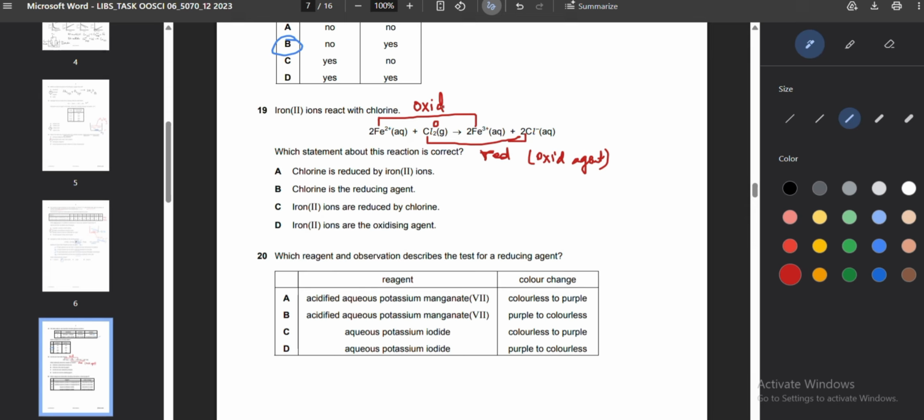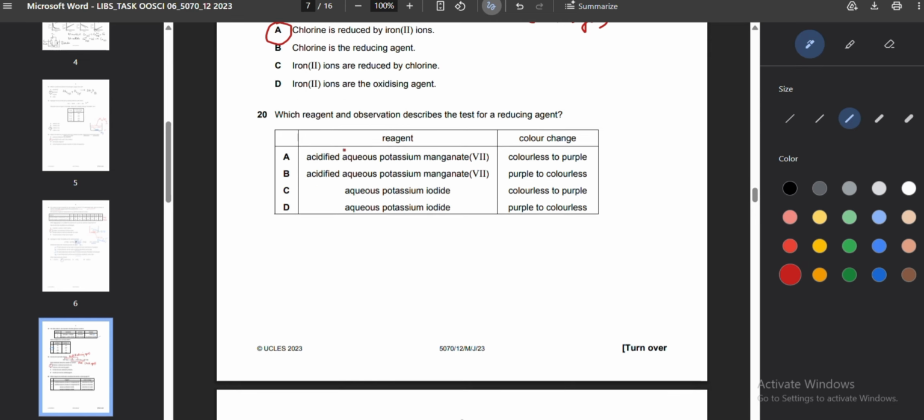Iron is getting oxidized, so it can act as a reducing agent. It can reduce others, and itself it will get oxidized. So which one would be the correct option? Out of these four, the correct option would be A, because chlorine is reduced by iron ions.